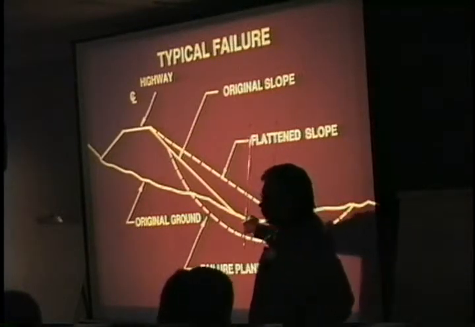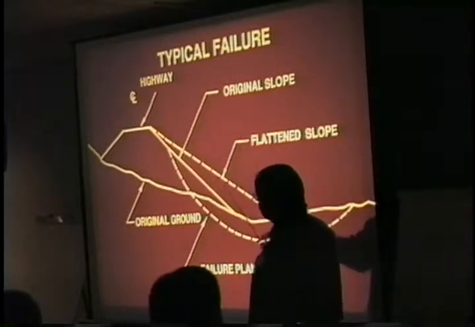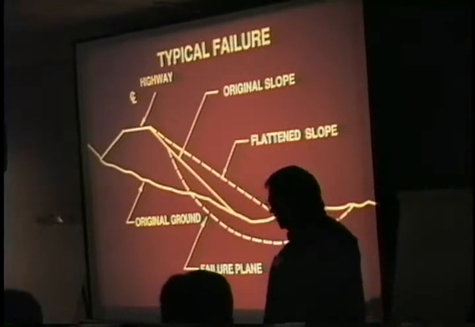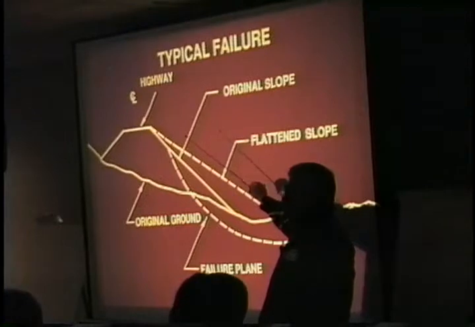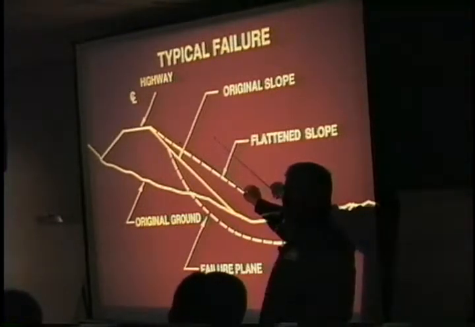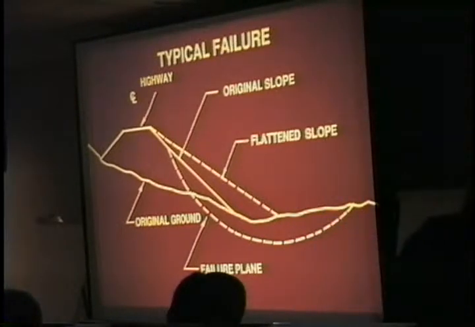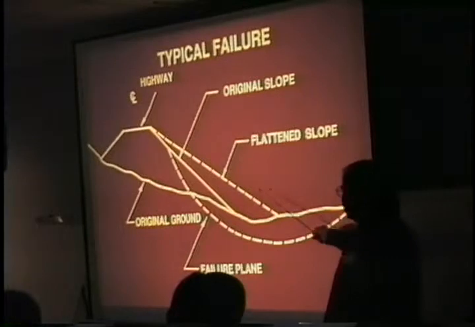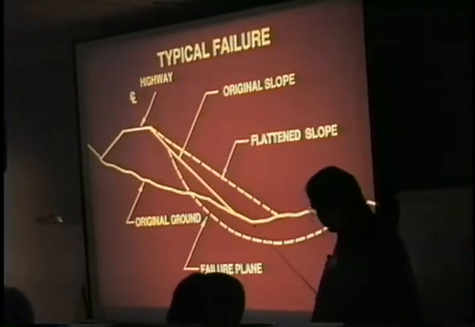As you'll see when we do analysis, we'll have driving forces and resisting forces, and we're adding weight where we're actually pushing this slide to fail. So by maintenance flattening the slope, they're actually aggravating the problem, and this failure happened much sooner than it would have if the slope had not been flattened, because they came in, added weight, and caused a failure.